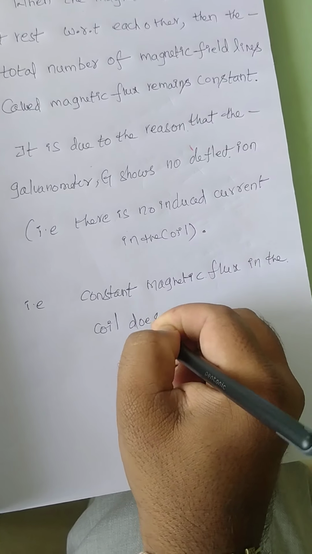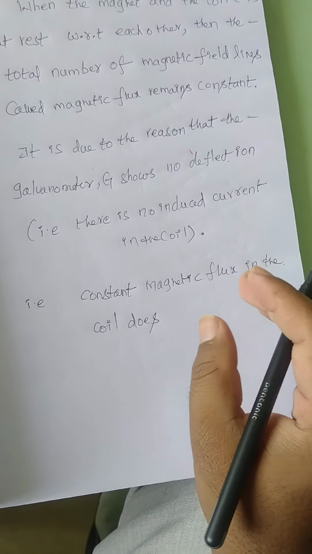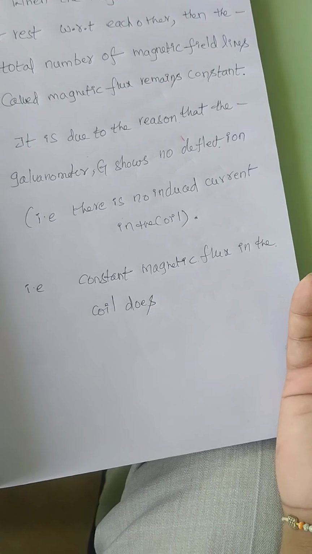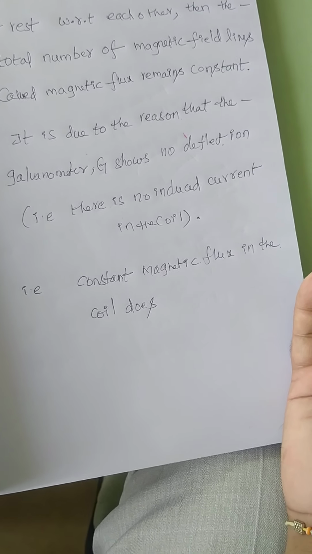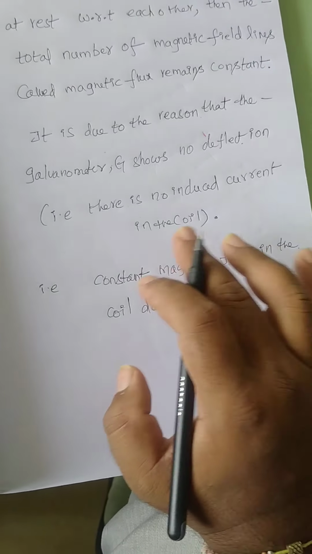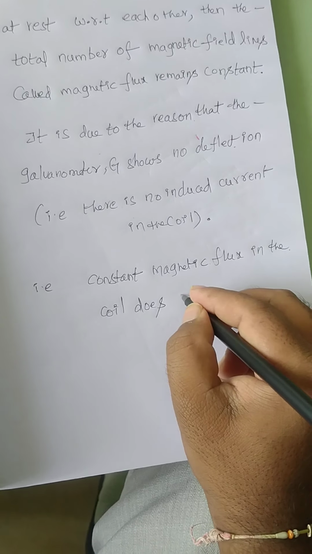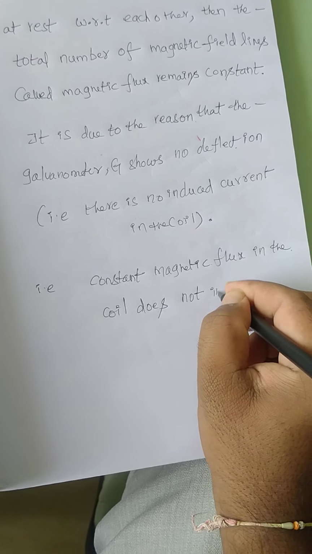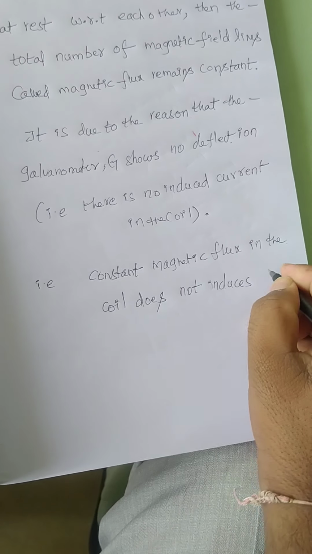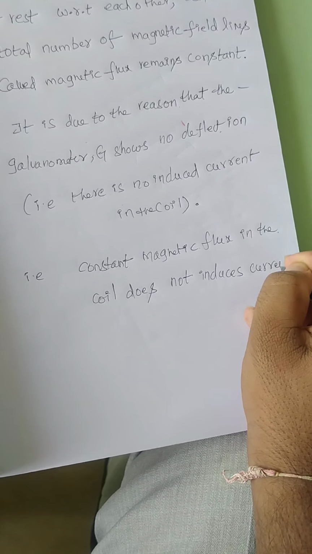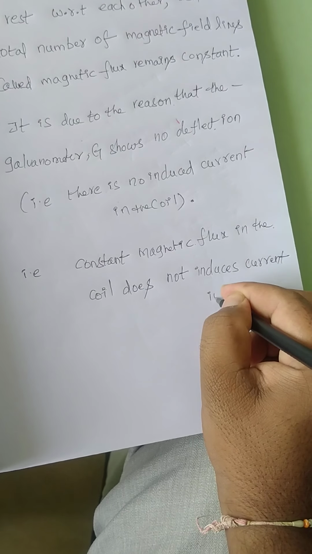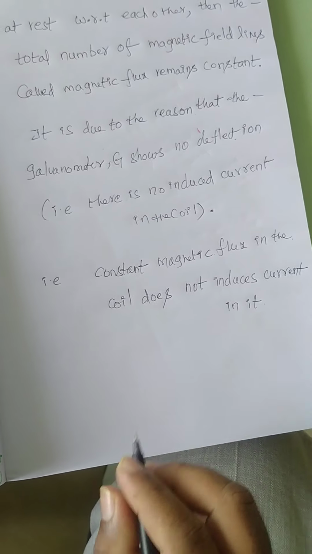That is what we discussed: if the magnetic flux is constant, there is no induced current in the coil, and the galvanometer does not show deflection. So constant magnetic flux in the coil does not induce current in it.